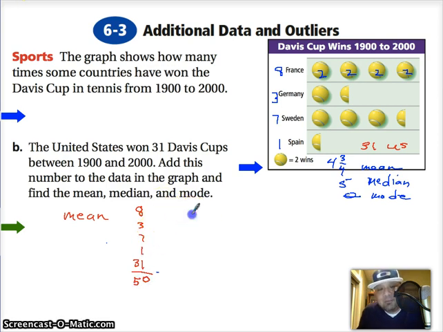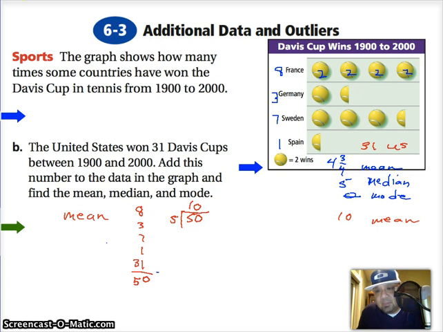Now we take that 50 and divide it by the number of values there are. With the addition of the 31 from the US, we now have 5 separate values. 50 divided by 5 is 10. So the new mean with the new data is 10.